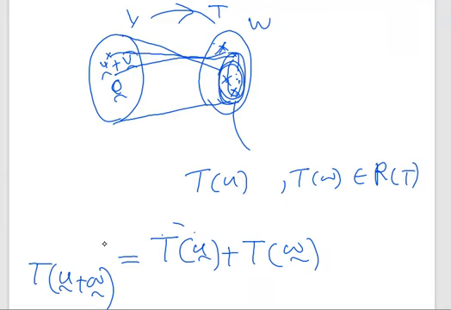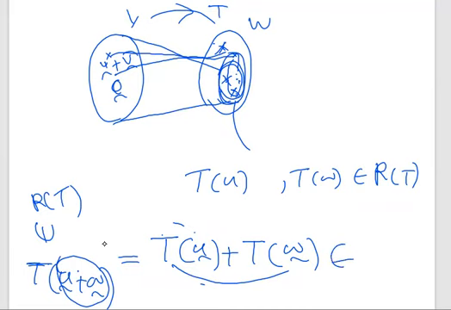When you add these two elements, because we found an element in the domain, and you take the transform of this element, because this belongs to the range of T, therefore this guy belongs to the range of T. Did you understand that?